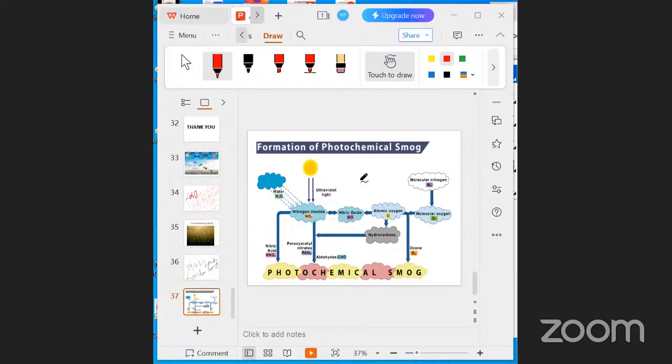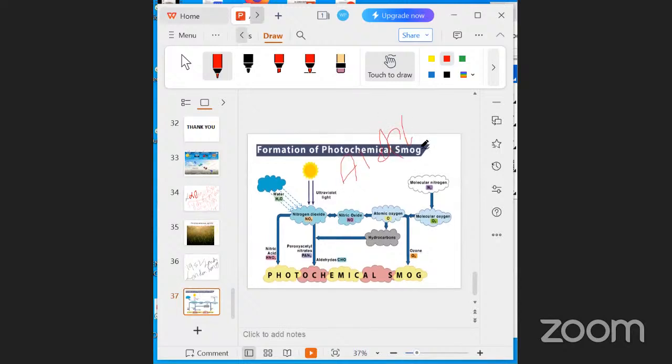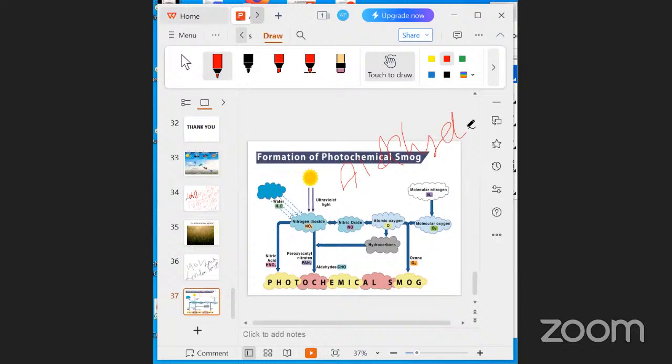It mainly consists of nitrogen dioxide, NO2, and ozone, and PAN, which means peroxyacetyl nitrate, and organic compounds containing the aldehyde group.